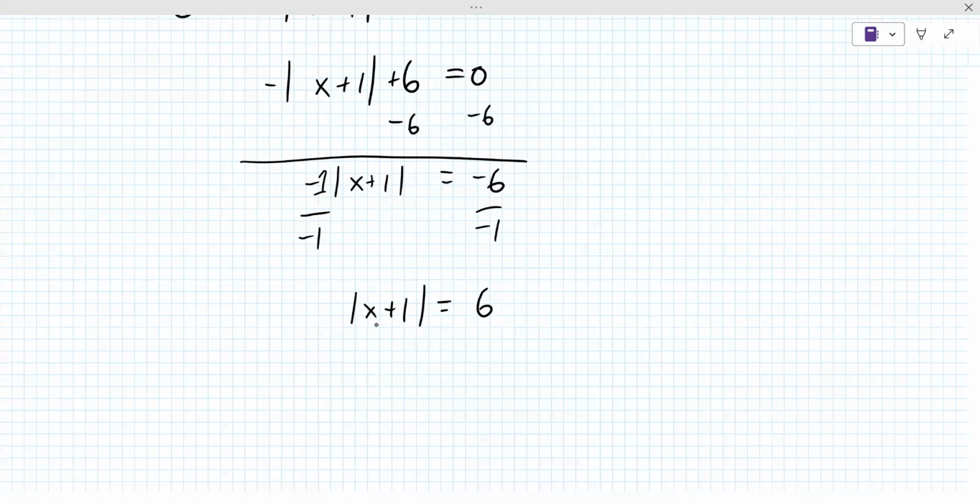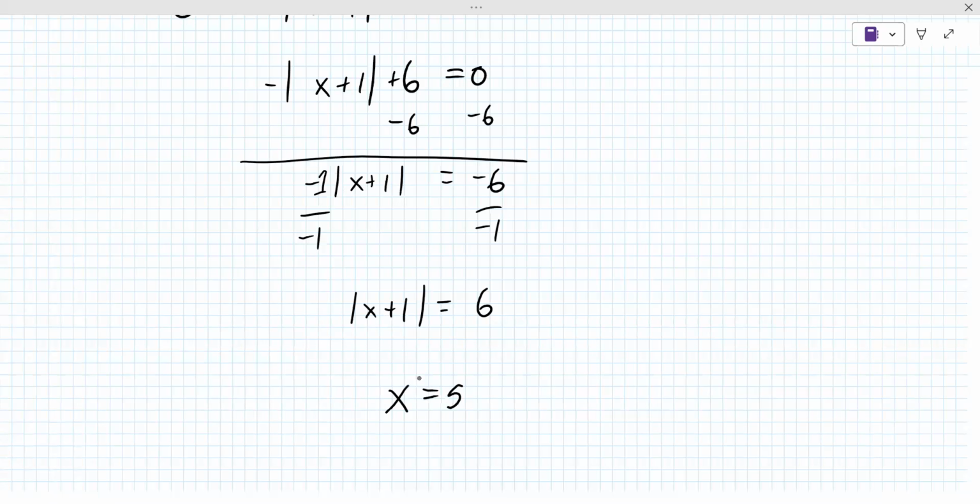It's a lot like the last one. x equals 5 and x equals -7.